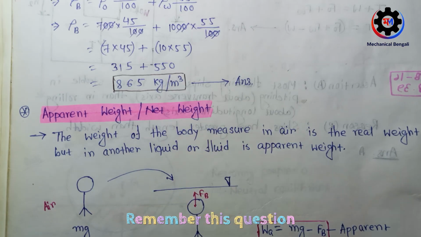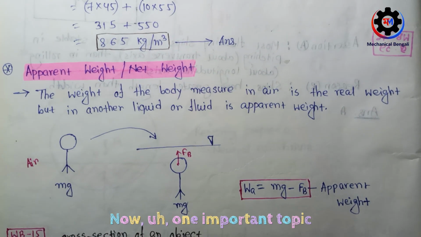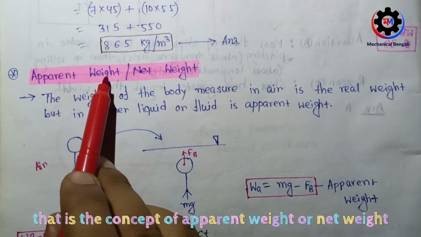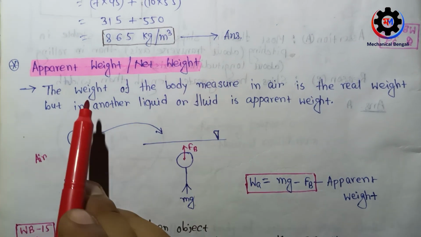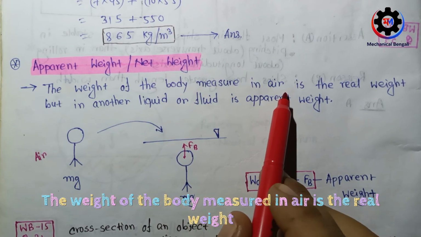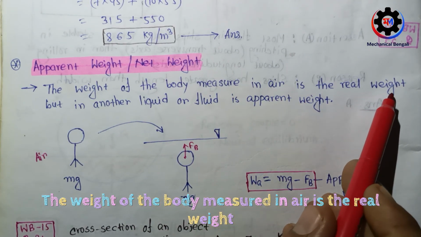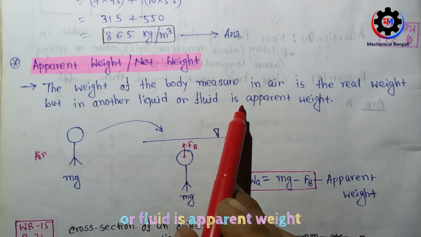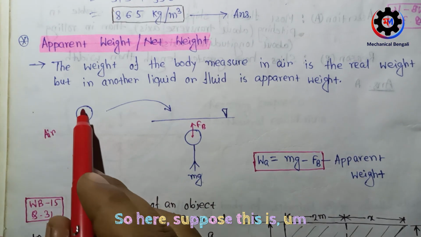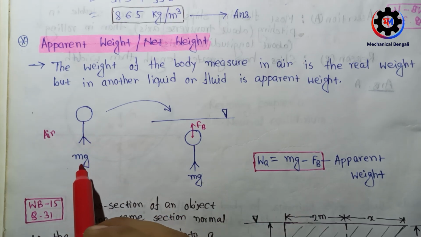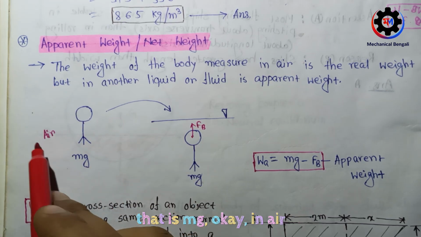Remember this question. Now one important topic is the concept of apparent weight or net weight. What is that? The weight of the body measured in air is the real weight, but in another liquid or fluid it is the apparent weight. Suppose there is a person, and the weight of the person is mg in air.